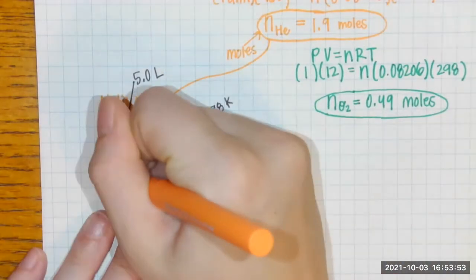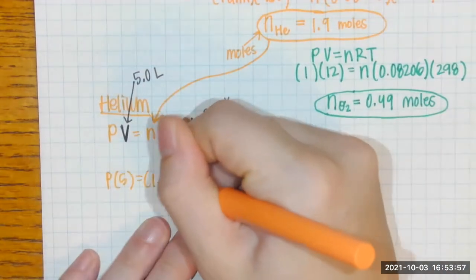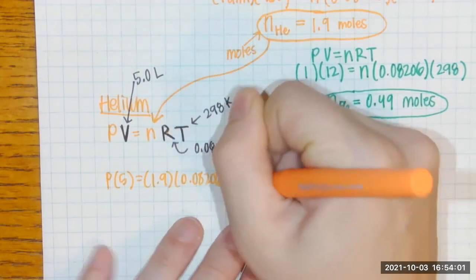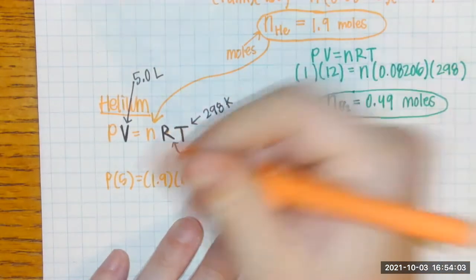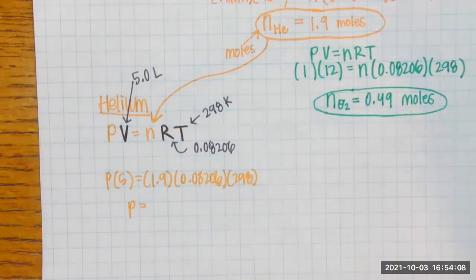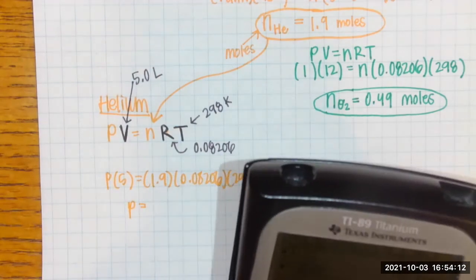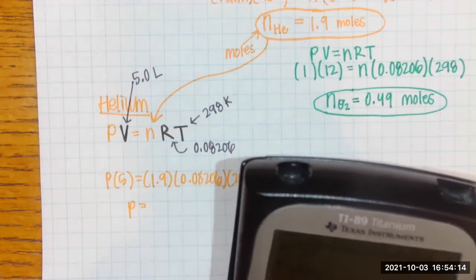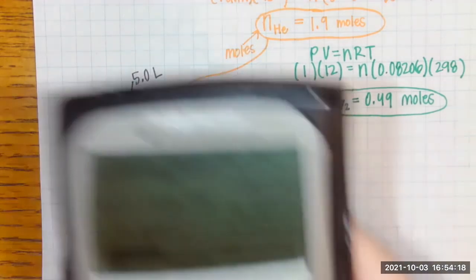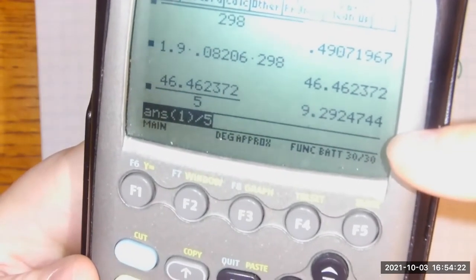So let's see. P times 5 equals 1.9 times 0.08206 times 298. Solving for P, pressure equals, calculator. I'm getting 9.29.